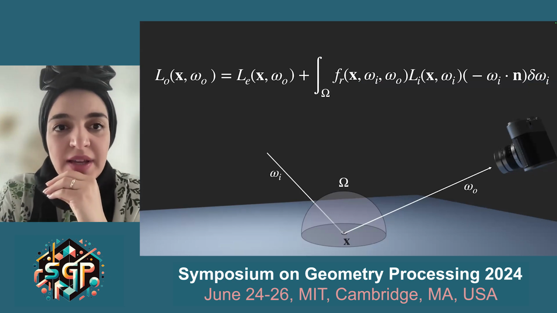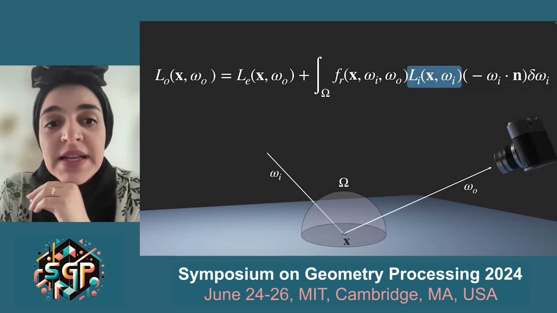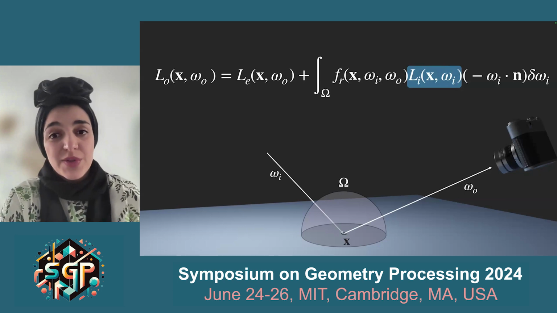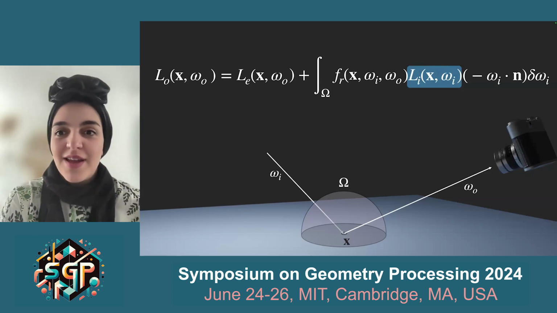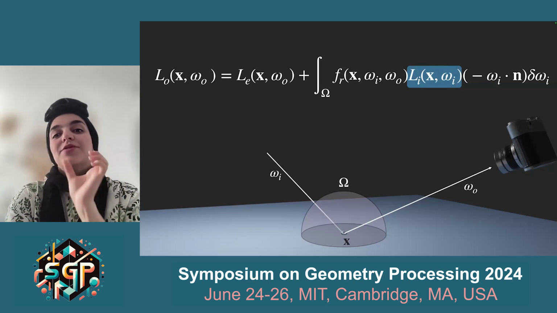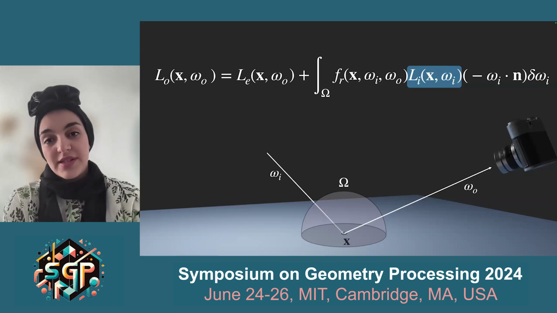And then we have Li here. This bit over here represents the light arriving at point X from elsewhere. That is I for incoming again. Spoiler alert: as you see, this Li is a recursion from Lo that comes from other points in the scene.